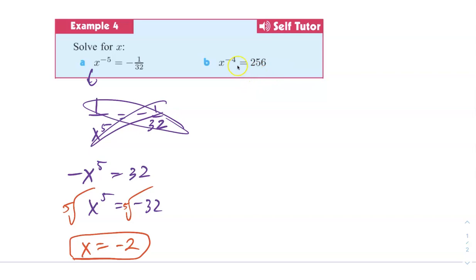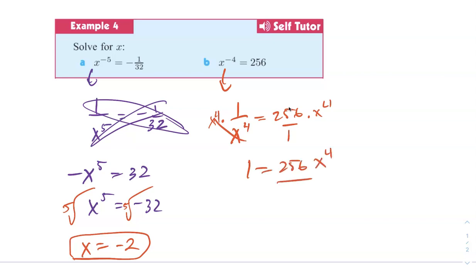Next one, x to the negative 4 power is 256. Again, I would move that to the bottom because you don't want a negative power. So 1 over x to the 4th equals 256 over 1. And then just do some math. You can cross multiply both sides by x to the 4th, whatever you want to do, it's all the same. 1 equals 256 x to the 4th, divided by 256.